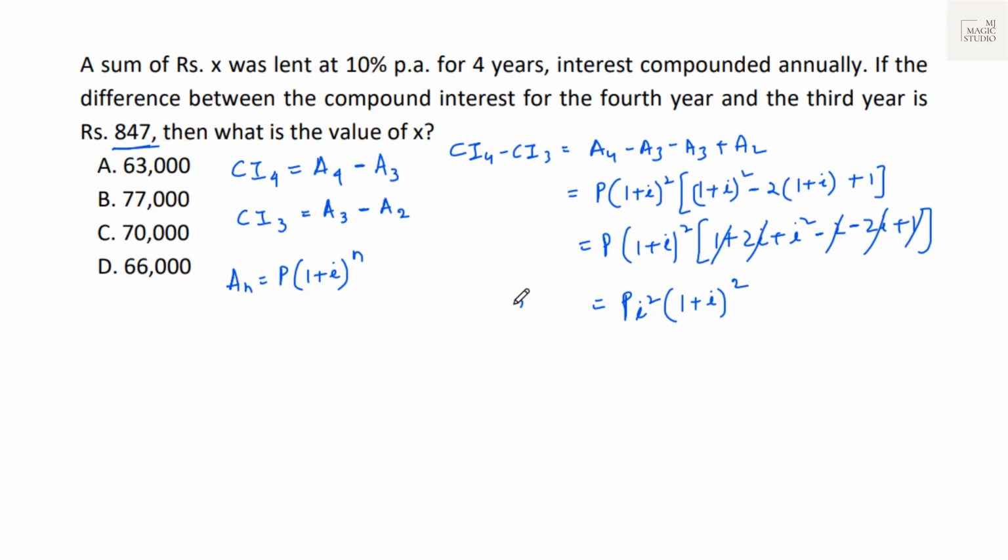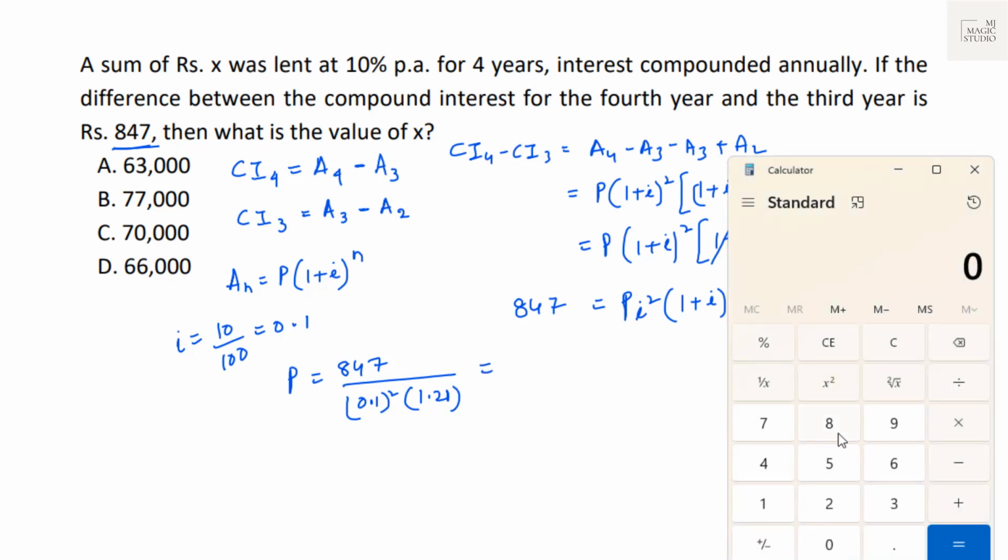Now according to the question, this is 847 and the value of I is r by 100, that is 10 by 100, that is 0.1. What is the value of x? That means we are looking for the value of P. P is 847 by 0.1 whole square into (1 plus I), which would be 1.1. 1.1 whole square is 1.21.